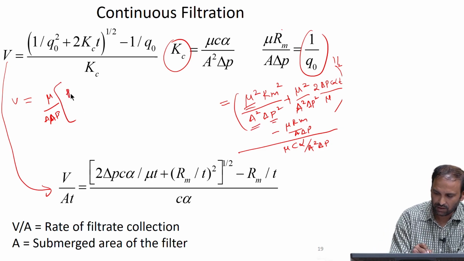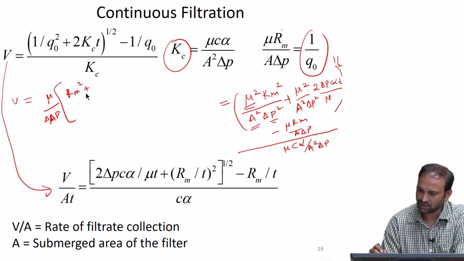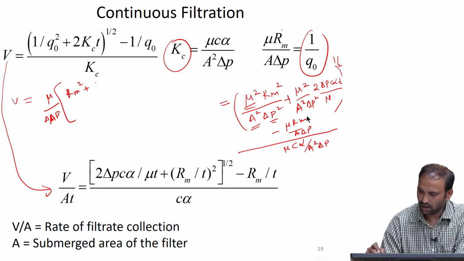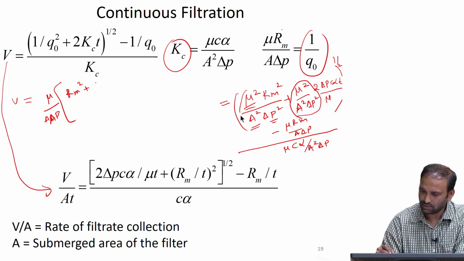So, therefore, this becomes r m square plus, and this is also out.